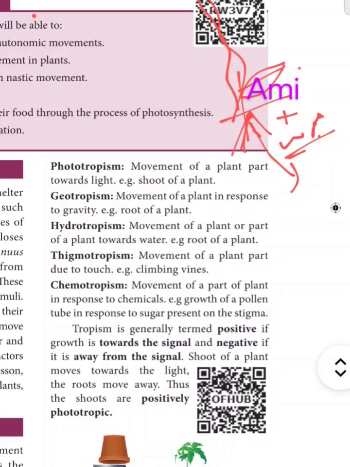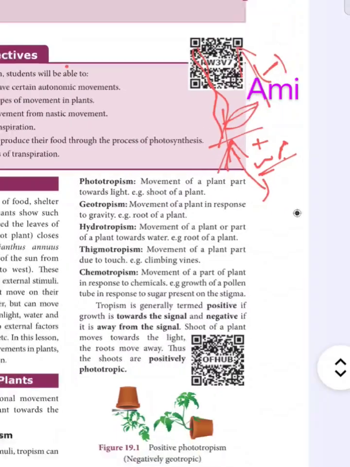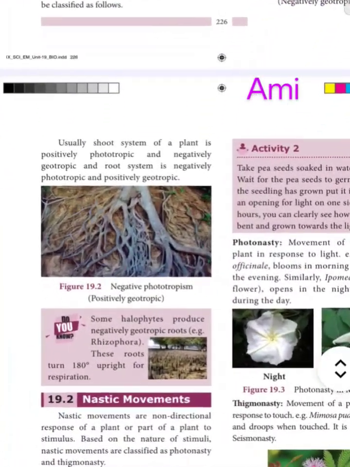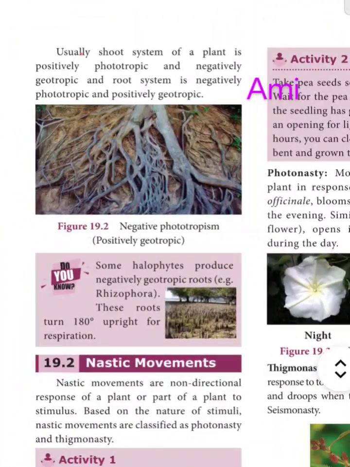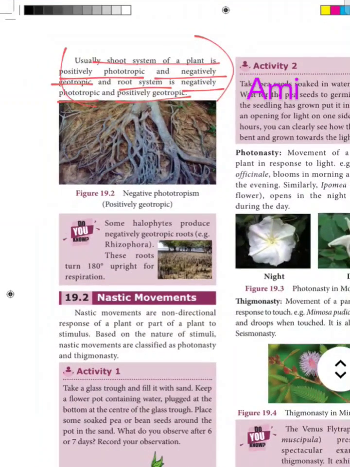So it is moving away from the stimulus, water. So here it is negative tropism. Now we'll move to the next. Usually the shoot system of the plant is positively phototropic and negatively geotropic, and the root system is negatively phototropic and positively geotropic. Hope you understand this sentence with the explanation given above.